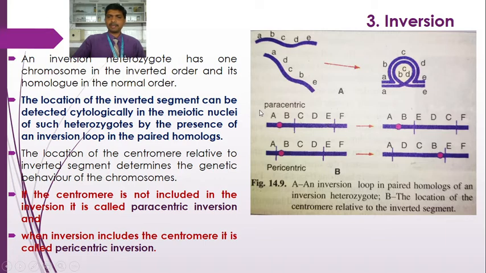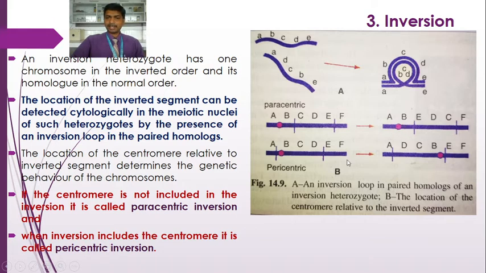Such a type of inversion is called paracentric inversion, where the centromere is not included. So the gene order is changed, but the centromere is not involved, so it is called paracentric inversion.